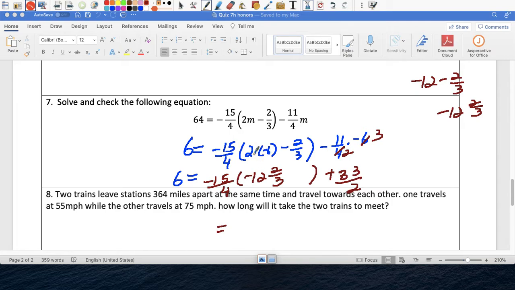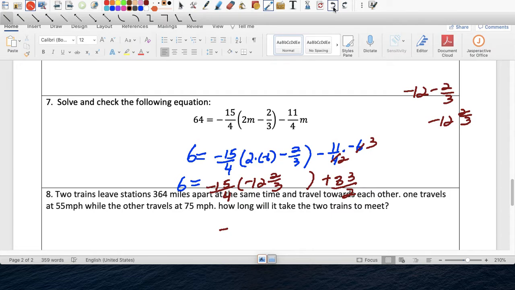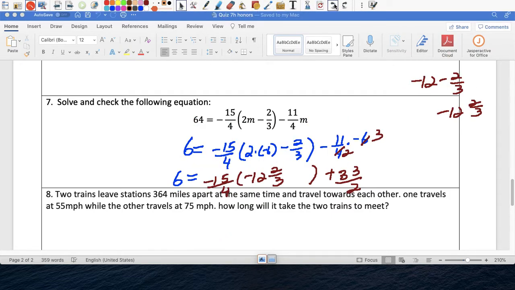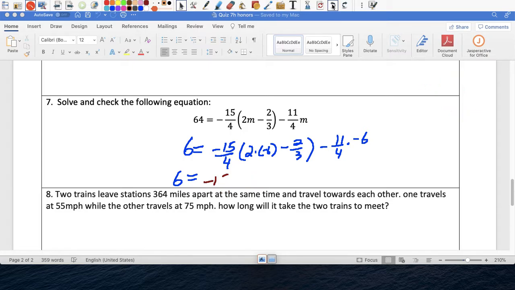2 times negative 6 minus 1 is negative 12. Negative 12 minus negative 12 and 2/3, that's okay. Okay, I'm going to go back and see what I did wrong, because I can't find it. So let me go back, and you guys can fast forward.